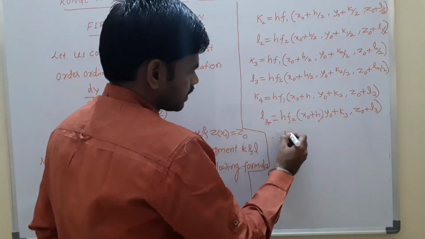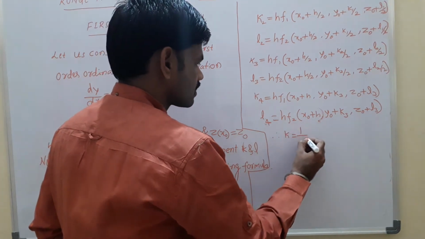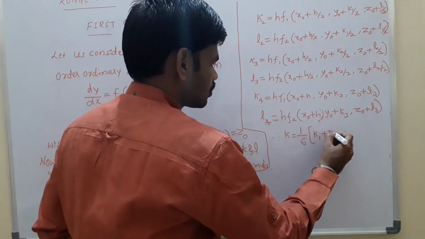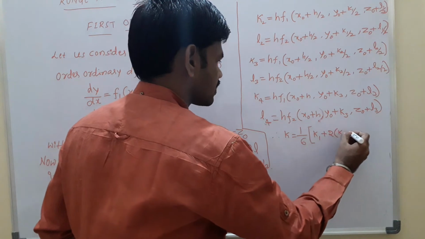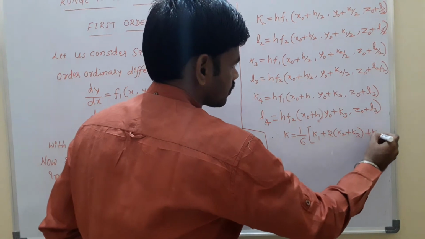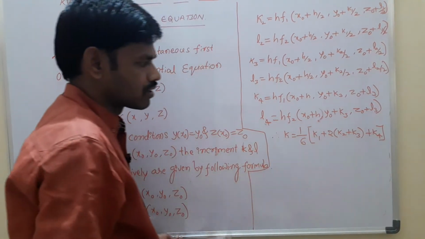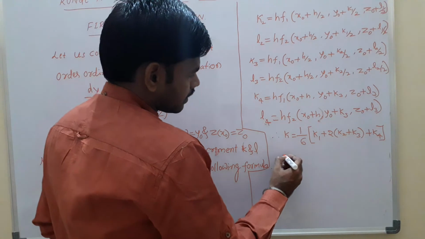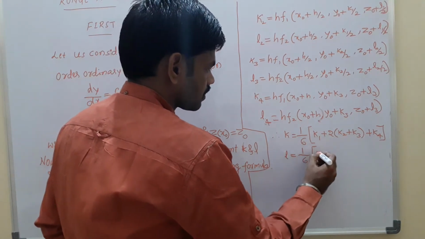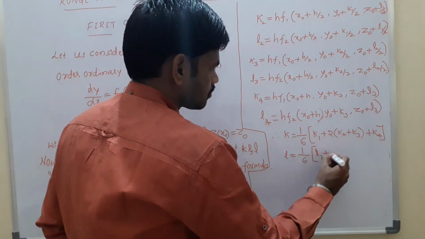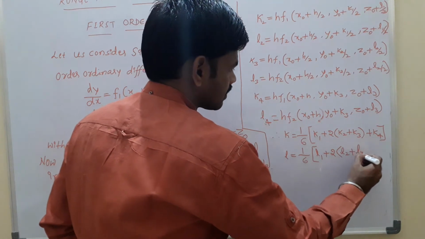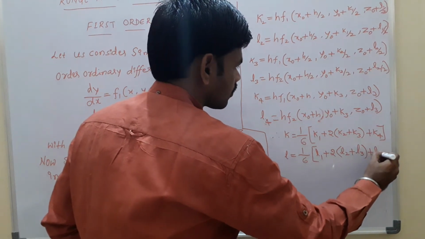and therefore k equal to 1 by 6 k1 plus 2 into k2 plus k3 plus k4. Therefore k equal to that, and L equal to 1 by 6 L1 plus 2 into L2 plus L3 plus L4.